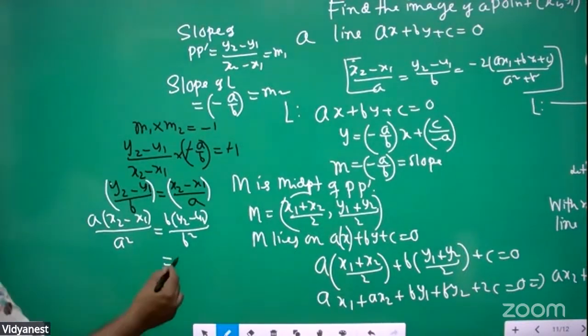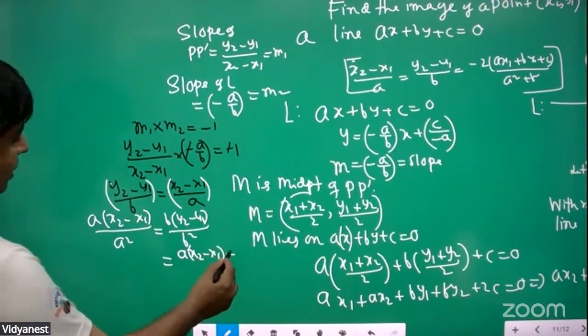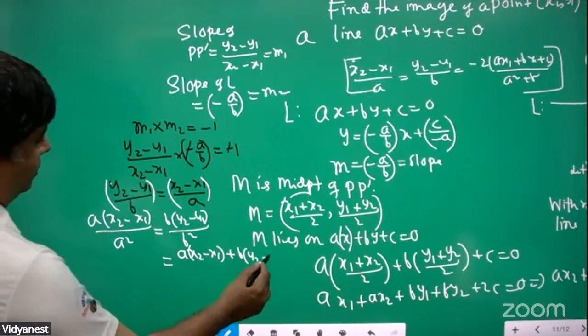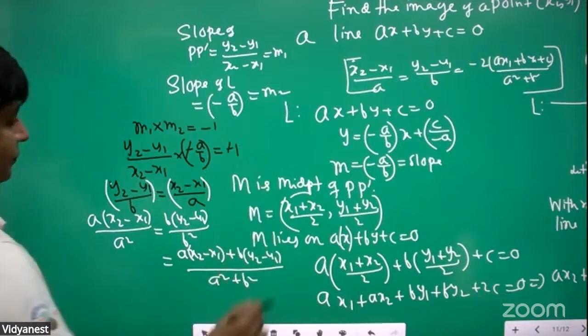That is equal to a x2 minus x1 plus b y2 minus y1 by a square plus b square.